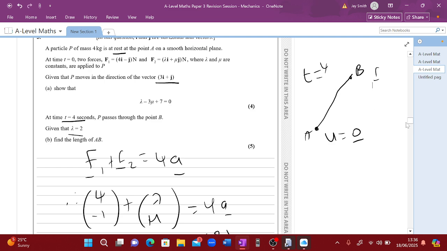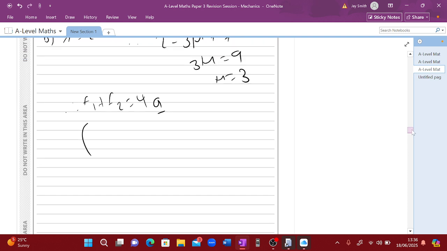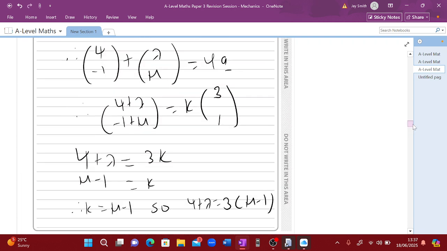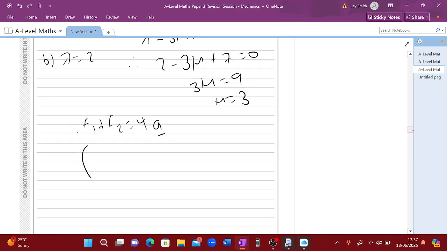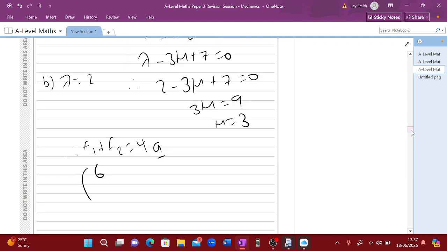But what we can then work out is F1 and F2 is equal to 4A. So then F1 and F2, remember, is 4 add lambda. And lambda's 2, so it's going to be 6. And then minus 1 add mu. So mu's 3, and 3 minus 1 is 2.